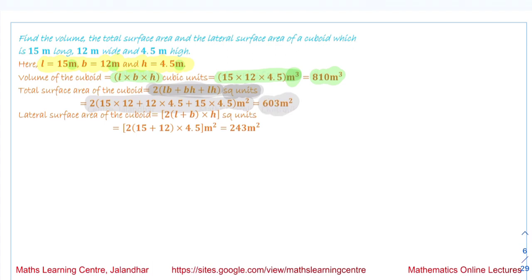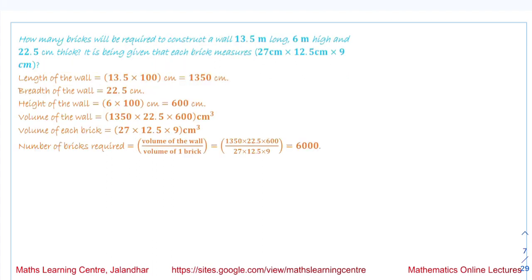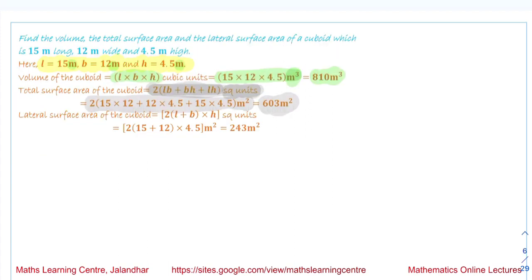Now the next part we have, it is lateral surface area of the cuboid we have to calculate. So the formula now we know it is 2 times L plus B into H square units. This is the lateral area of the cuboid.